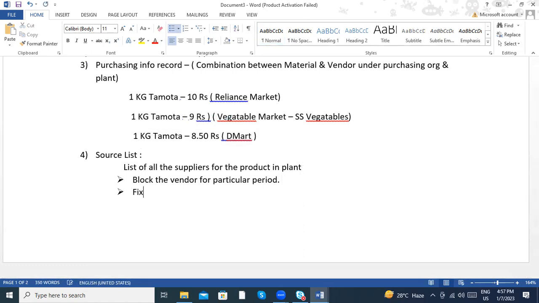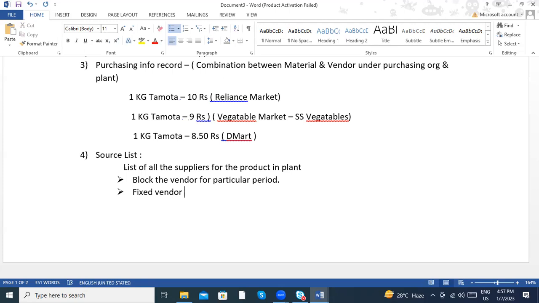Out of the above 3 vendors, I can put one vendor as a fixed vendor. So whenever the automatic procurement proposals are created, the system will automatically consider that we have this regular vendor. Whenever we are buying this product, we will be going with this regular vendor.